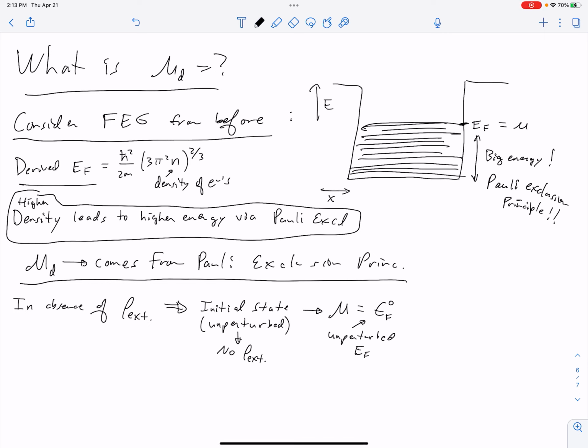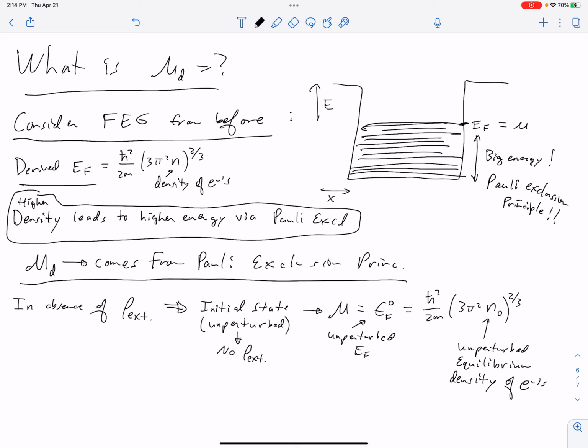Okay, and so this is the situation that we've done before. We'll just say that's h bar squared over 2m times 3 pi squared n naught to the 2/3. And this n naught is just going to be the unperturbed equilibrium density of electrons in the middle.